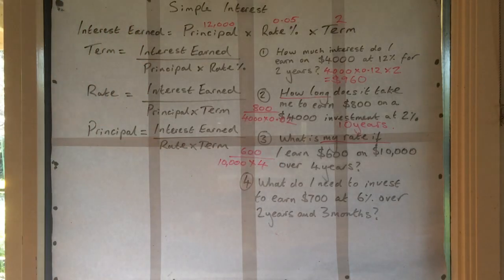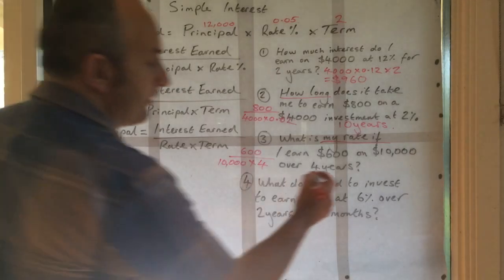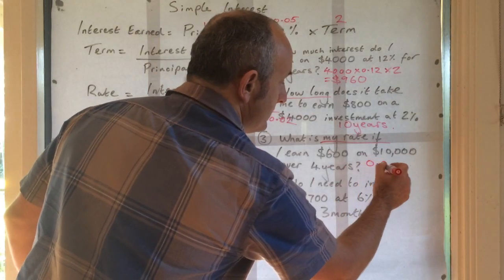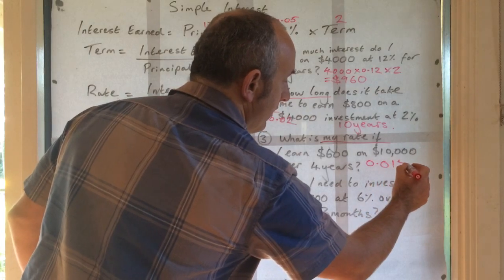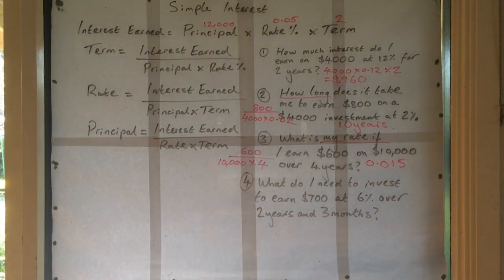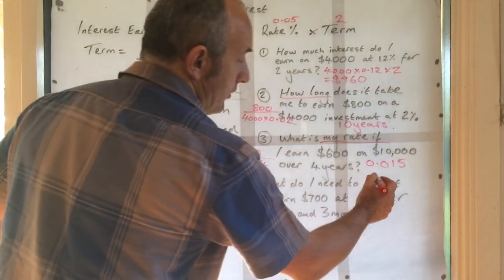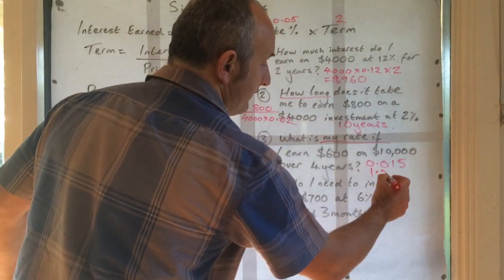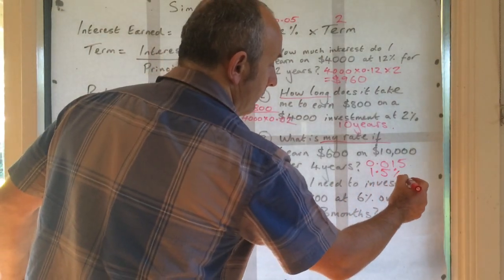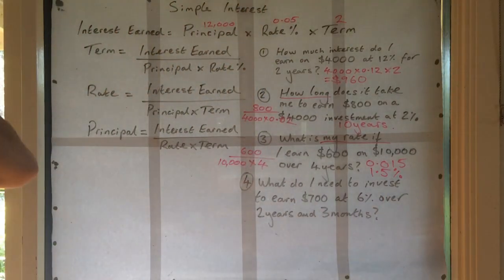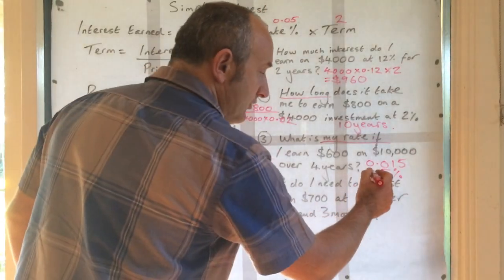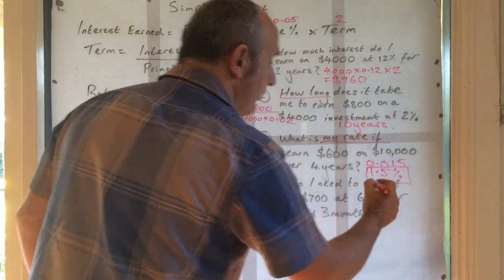Now enter that in your calculator. You're going to get 0.015. Is that the percent? No, it's not, because don't forget, we have to multiply that by 100. So we end up with 1.5%, and that is our actual answer.